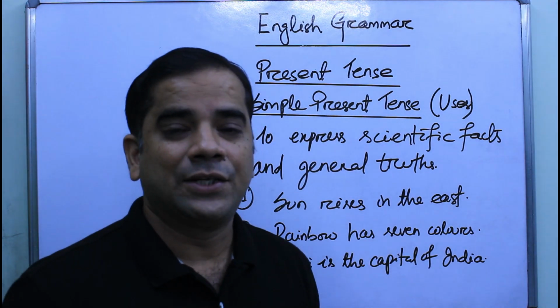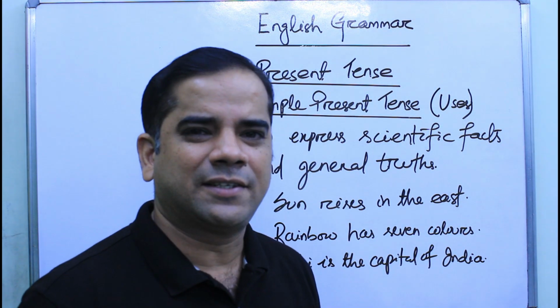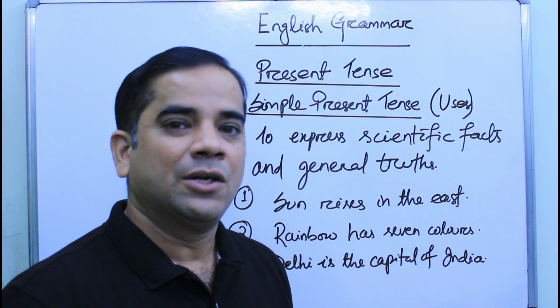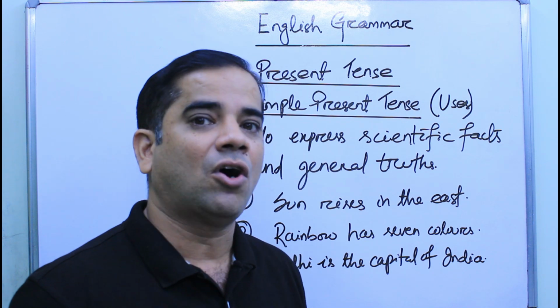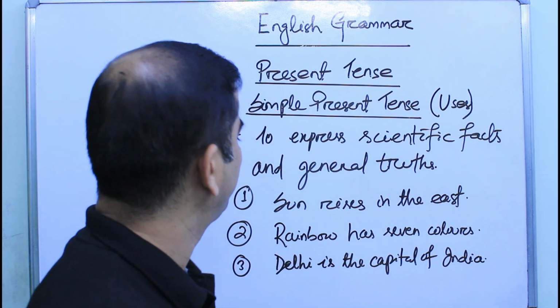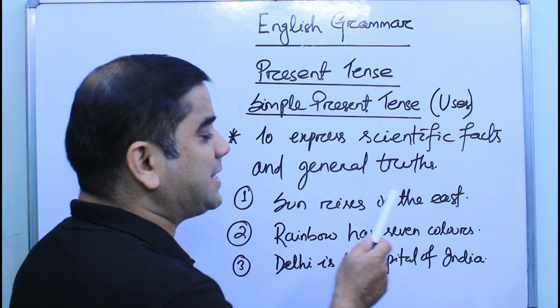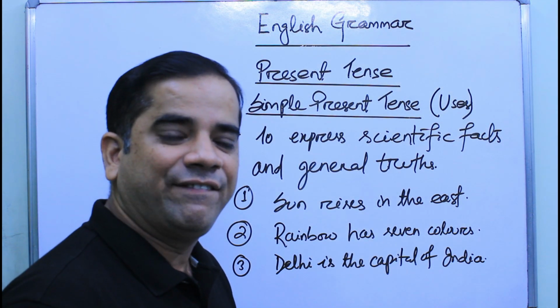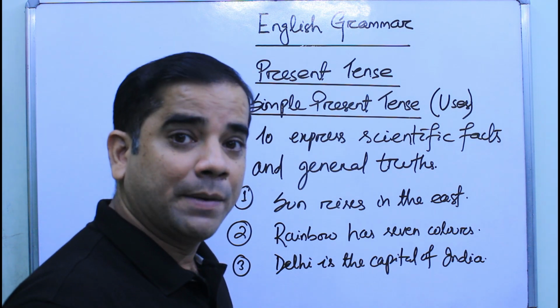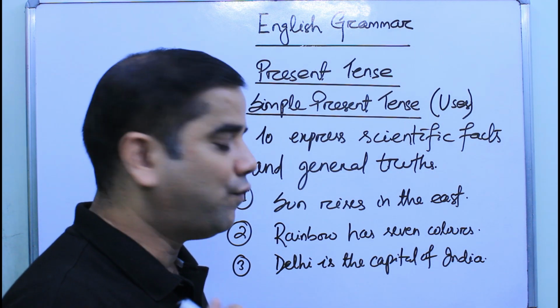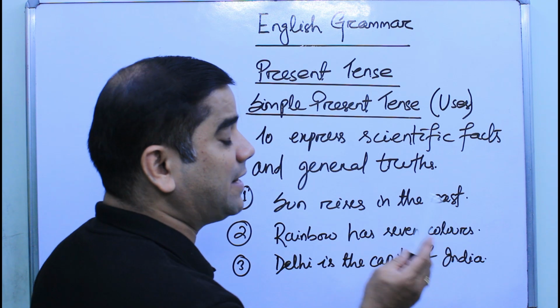Okay, students, let us now discuss some examples which express scientific facts or general truths. The sun rises in the east. It is a scientific fact, so this sentence is in simple present or present indefinite form. A rainbow has 7 colors.